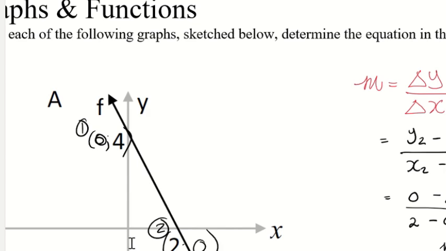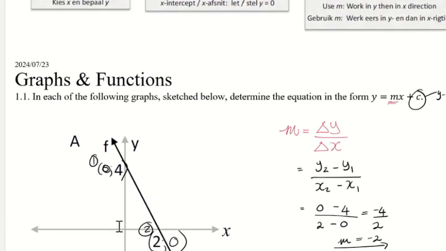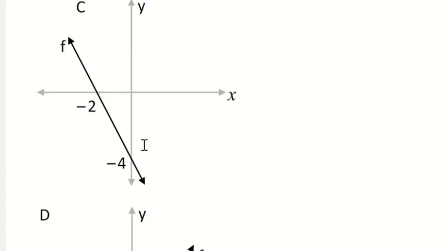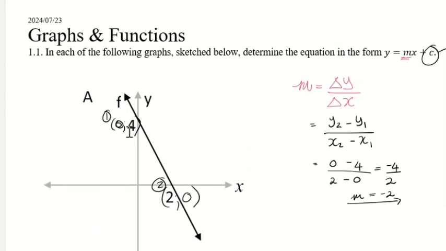So if I have a y-intercept, it means it's the point where it cuts the y-axis. And where does this line cut the y-axis? What is the y value there? 4. So the y-intercept, or C, is equals to 4.